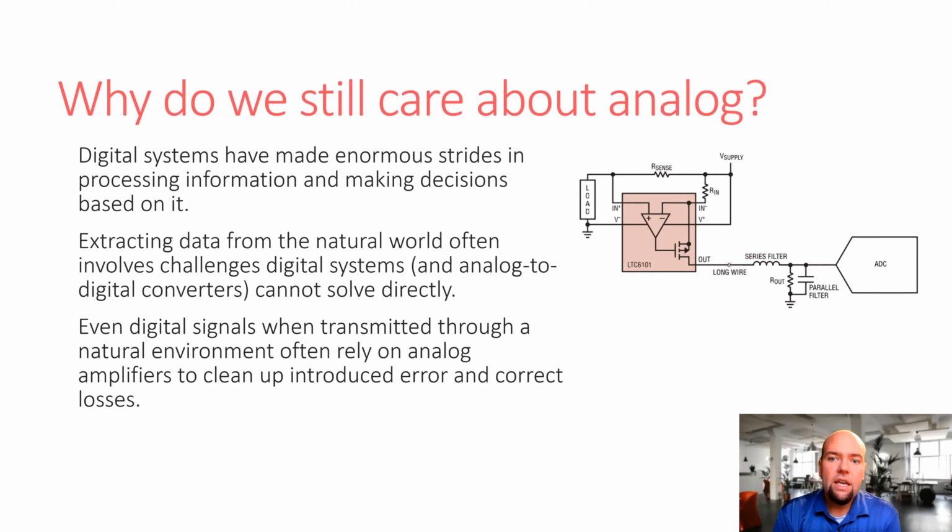Because digital systems still have a challenge when it comes to extracting data from the natural world. One of the key things a digital system does when it wants to take a signal is an analog to digital conversion. You've probably heard of those, maybe used them. But there are still limitations to analog to digital conversion.